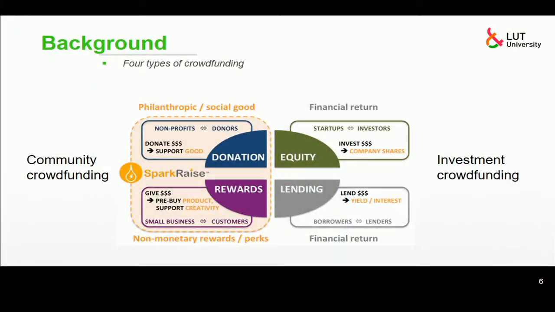And then there are 4 types of crowdfunding. 2 of them are community crowdfunding, which is donation and rewards, when people receive no shares in return for investments. And I'm focused on investment crowdfunding, when people receive shares or bonds in exchange for the investments.